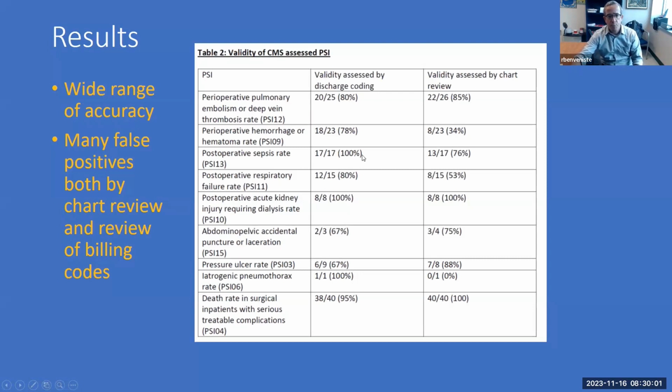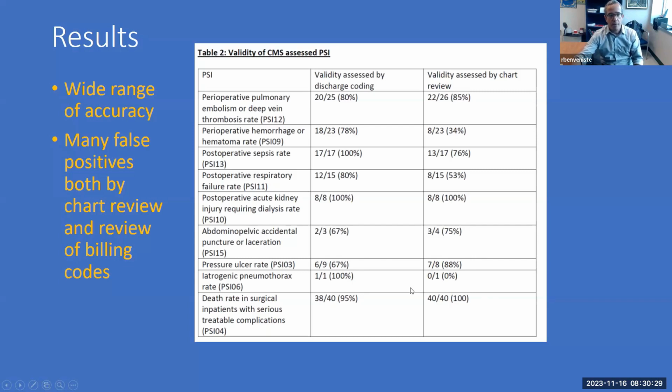Sepsis, pretty good by billing criteria, only 3/4 accurate, 24% false positives by chart review, and so on down the line. Respiratory failure, 53%. Kidney injury actually was pretty accurate. Accidental puncture of organs during abdominal surgery, very small numbers, so it's hard to say. Pressure ulcers, pretty accurate. Pneumothorax, we only had 1 case, and that was inaccurate.